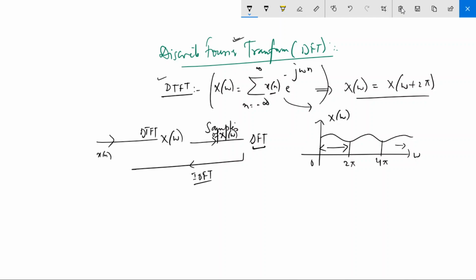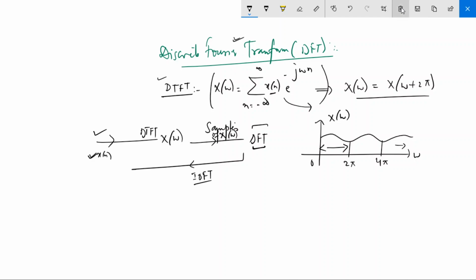So this relation we will first develop: how to sample the Fourier transform in the frequency domain to get DFT, and then how should you choose the samples so that you should be able to recover the original signal x(n) directly from its samples.